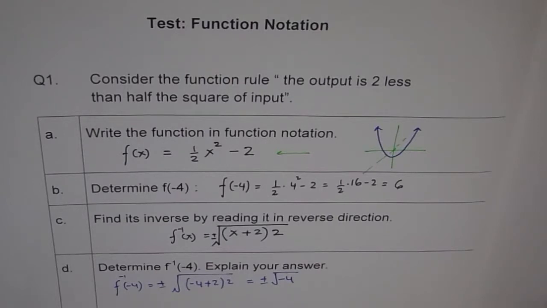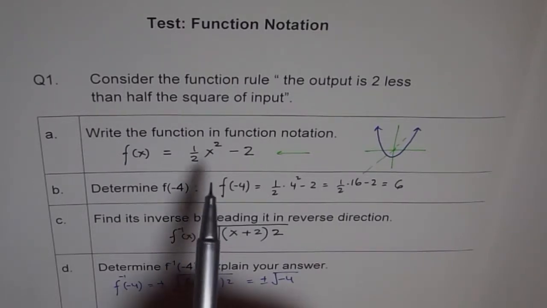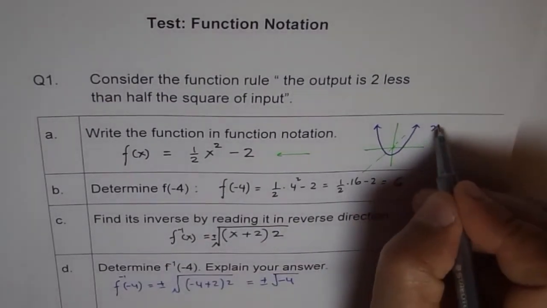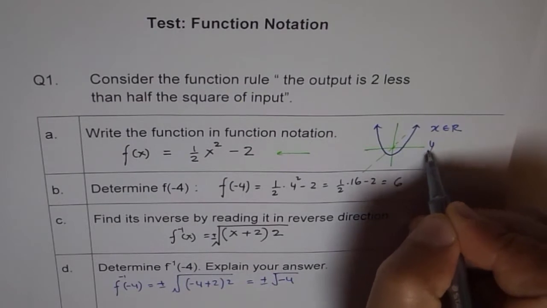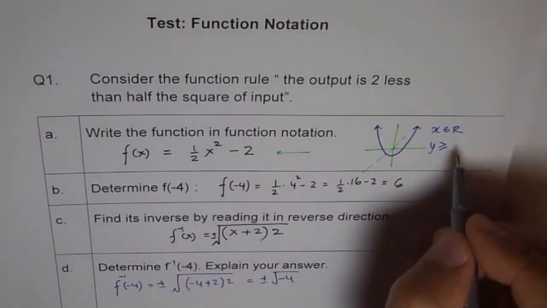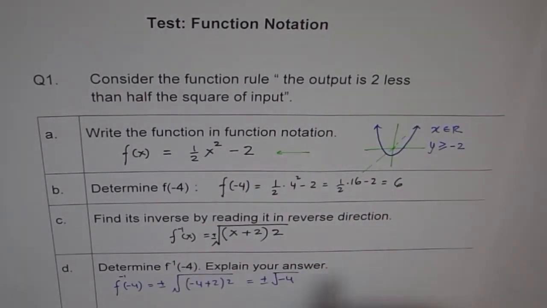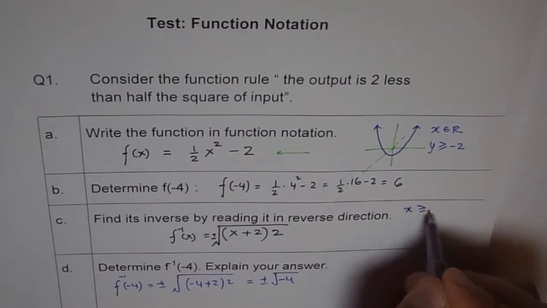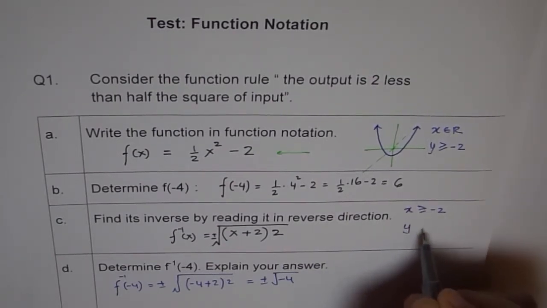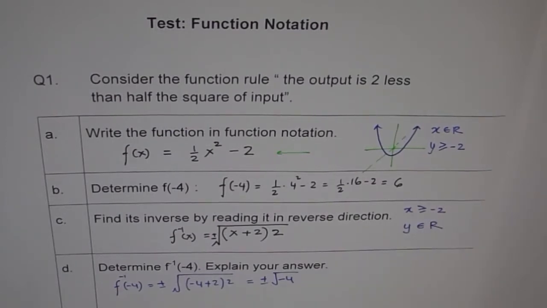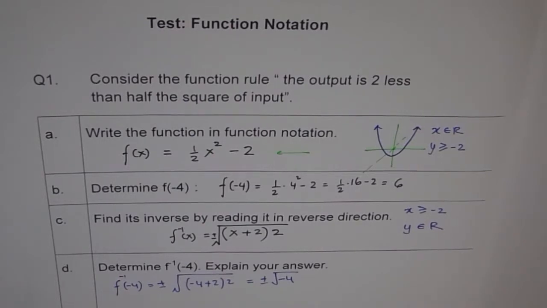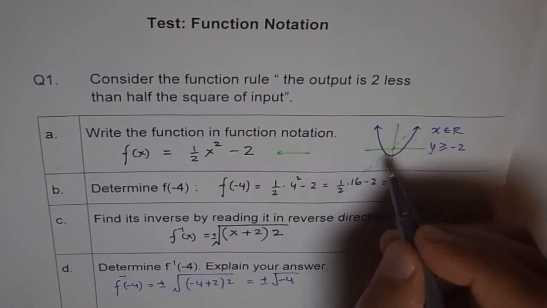Well, if you look into the function, what is the domain and range of this function? Domain is x belongs to real numbers, and range is y greater than or equal to -2, correct? For the inverse function, what do you expect for domain and range? It will flip. So x becomes greater than or equal to -2 and y becomes all real numbers. So when we were trying to find our inverse function, it flipped like this.